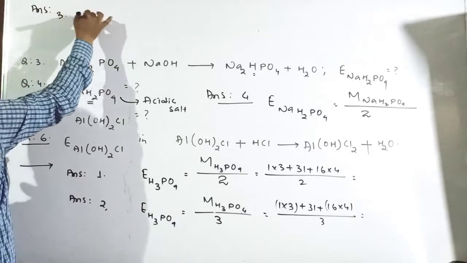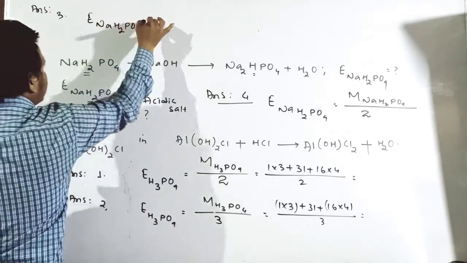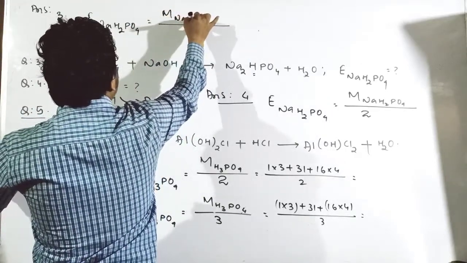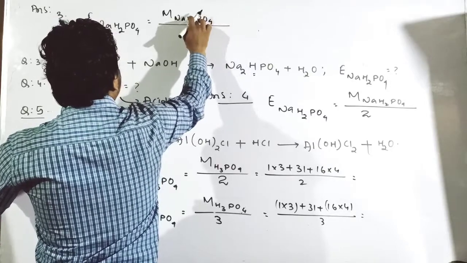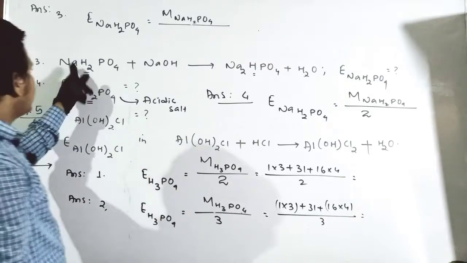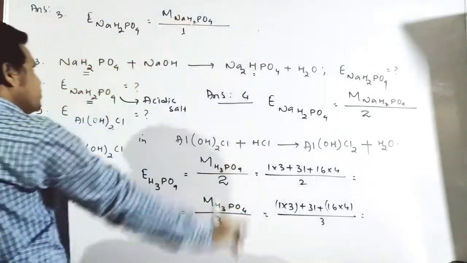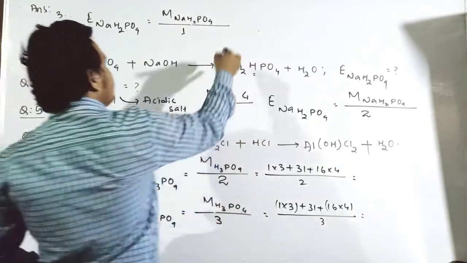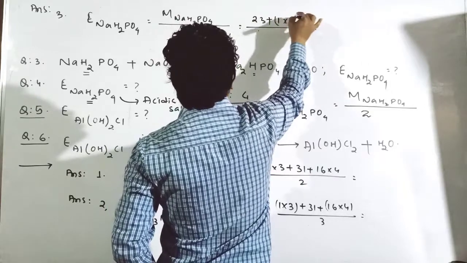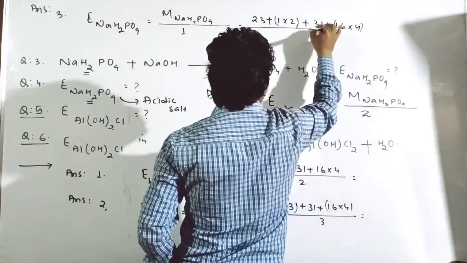Answer number 3. The equivalent mass of NaH2PO4 in the given reaction will be the molar mass of NaH2PO4 divided by how many hydrogen are replaced. Out of 2, only 1 is replaced, so divided by 1. And the molar mass you can find: sodium 23, hydrogen 1, 2 times, phosphorus 31, oxygen 16, 4 times, divided by 1.